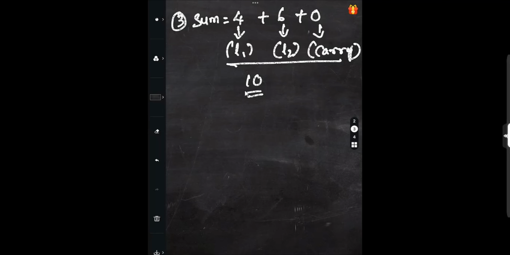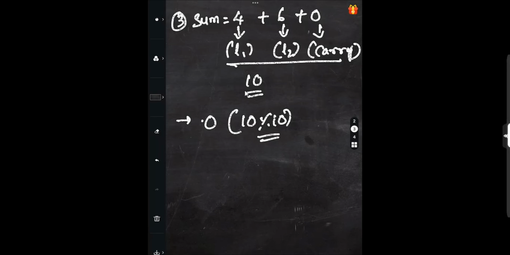We are creating a new node with the value 0. Why are we creating the new node with the value 0? Because we are performing the operation 10 modulo 10, nothing but the remainder will be 0. So we are creating a new node with the value 0 here.